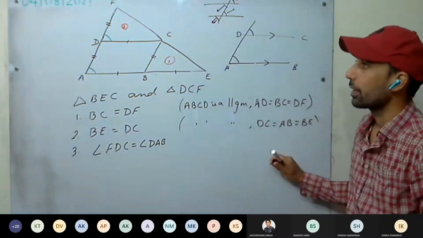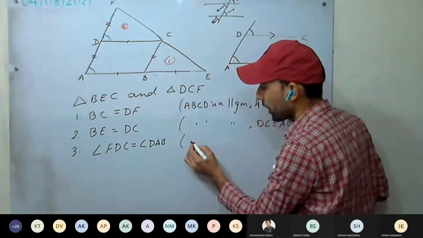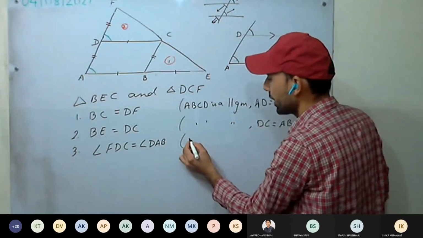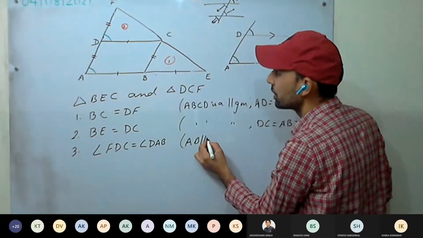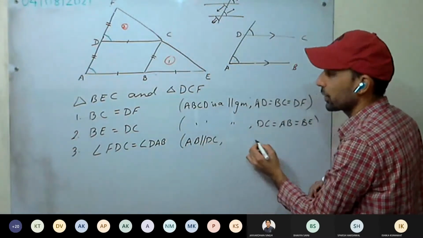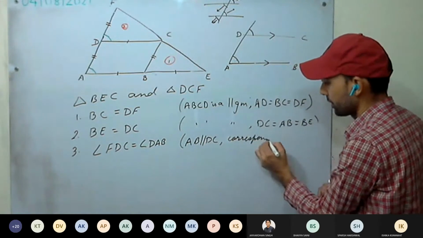Okay. FDC, these two angles are equal. Okay. Why? Because AB parallel to DC. You can write corresponding angles here then.